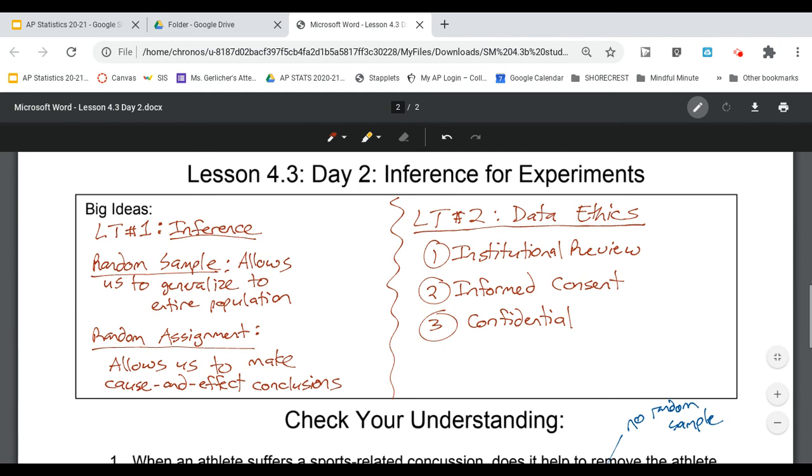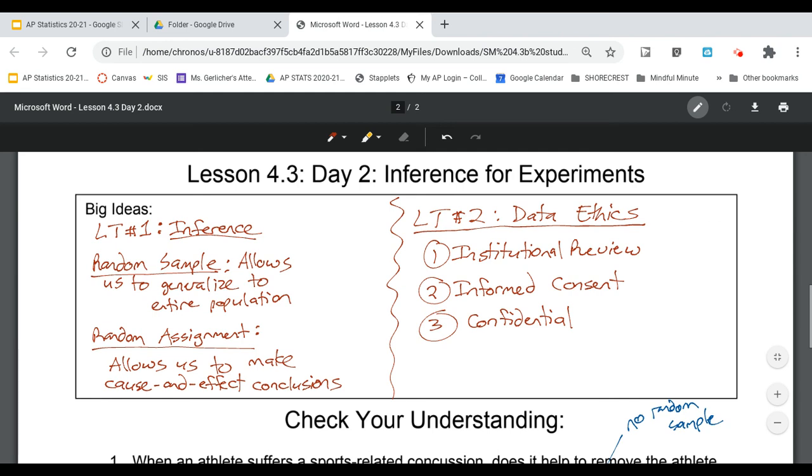Those people consented to be in the experiment, but they did not consent to not being told there was a cure. And honestly, that went under an institutional review at the time. I would certainly hope that an institutional review of today would not go over that.